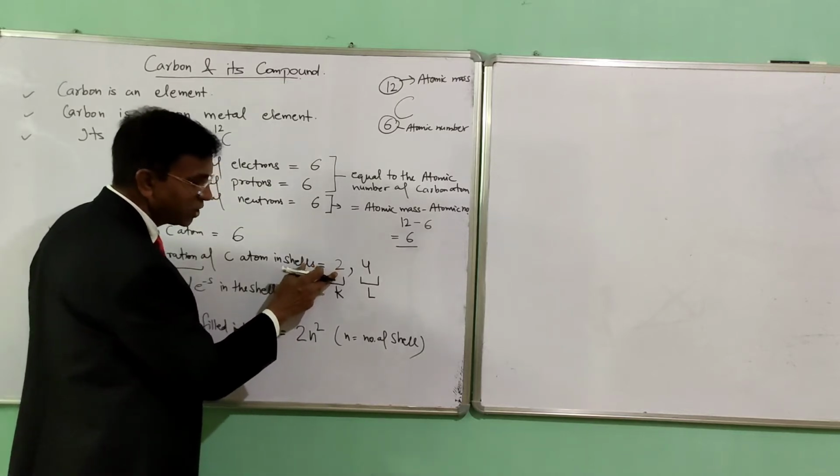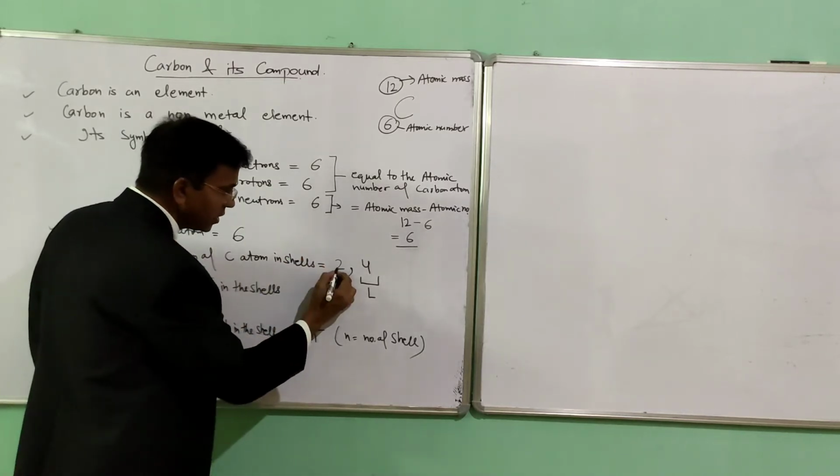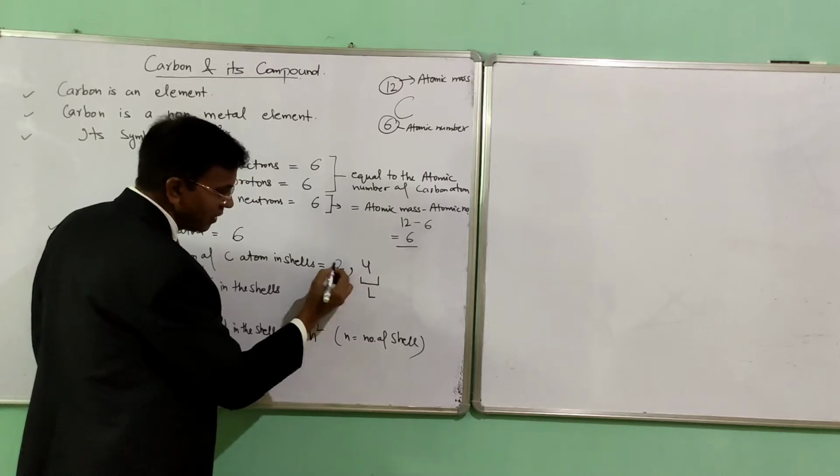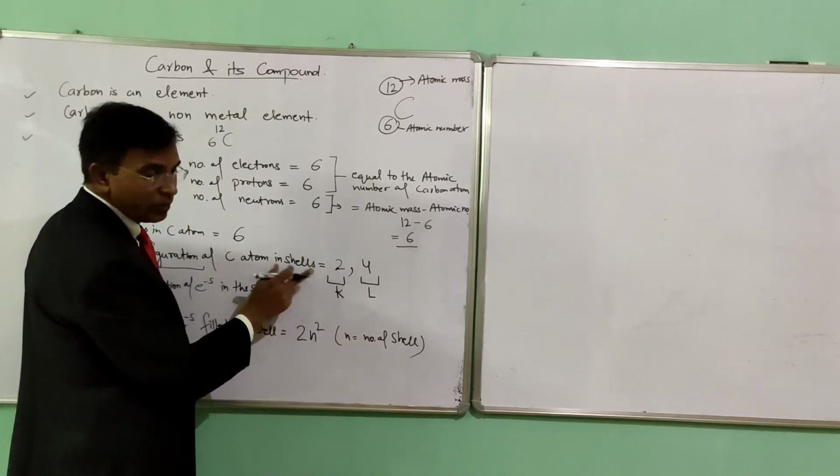So the first shell has 2 electrons, and it is called the duplet. The first shell has completed its duplet.